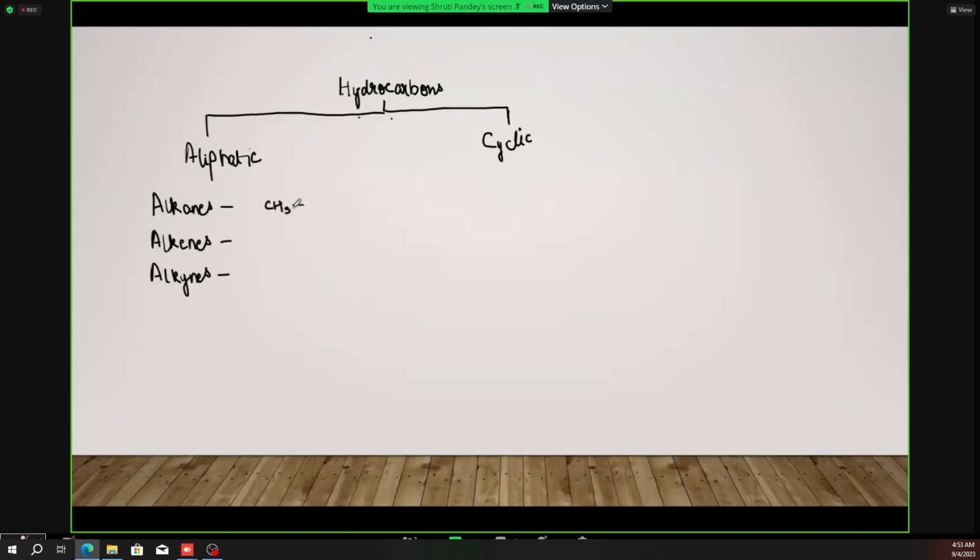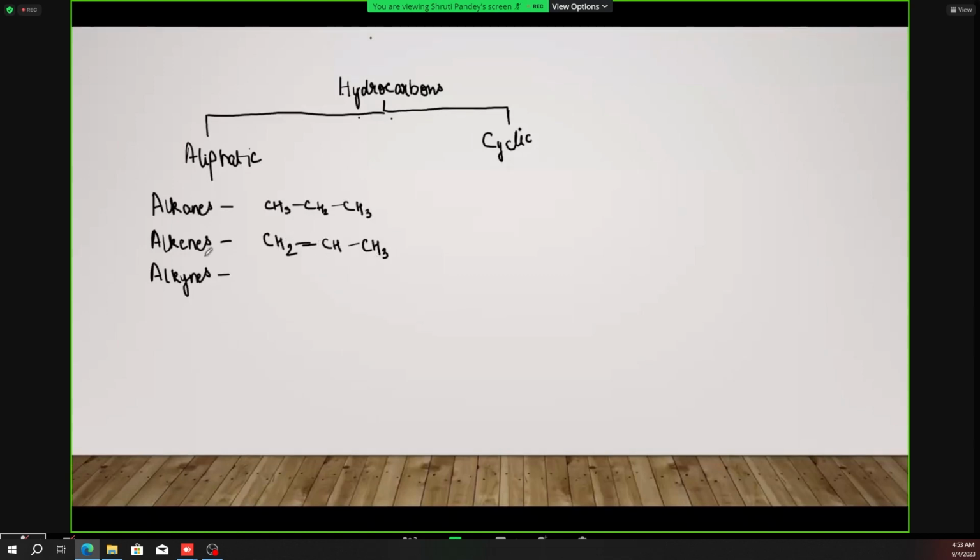Propane is CH3, CH2, CH3, because it has 3 carbon atoms. In the same compound, if we have one double bond, it becomes propene, because this double bond is present.